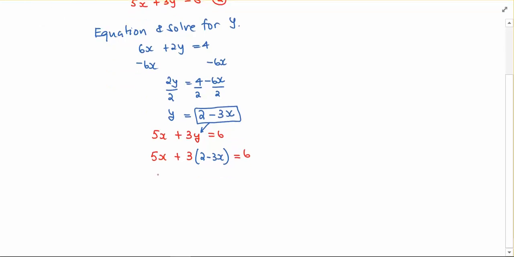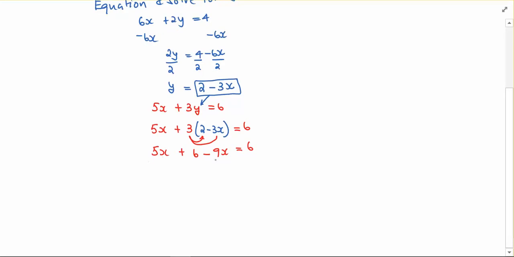So distribute: 5x plus 6 minus 9x equals 6. Simplify. So 5x and minus 9x, that's a minus 4x. I still have the 6.